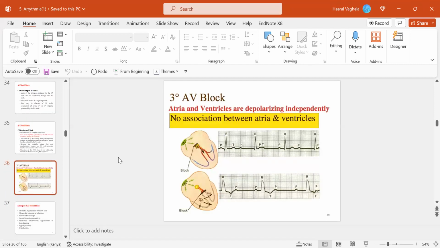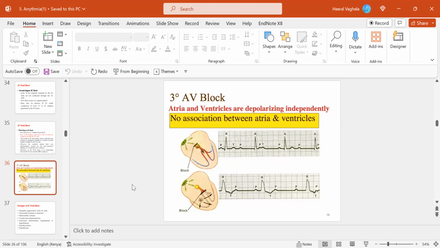So over here you can see for third degree block, there'll be no association between the atria and the ventricles. The atria contract while the ventricles are also contracting. So there's no association, because we know that the atria have to contract first and then the ventricles.